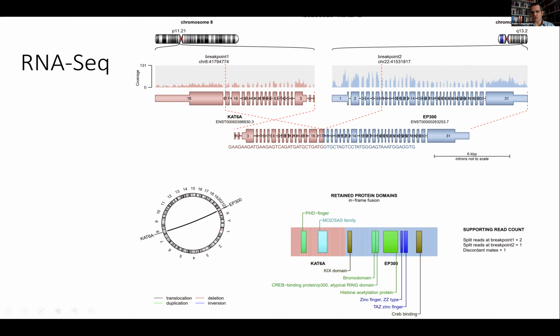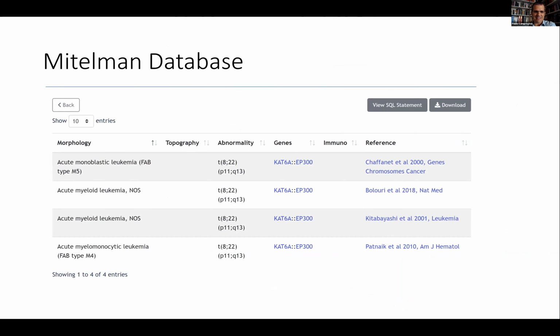So this was a whole transcriptome assay, and we only saw 3 split reads and 1 discordant mate, right? So this is something we see when we compare targeted assays with whole exome-based RNA assays, right?